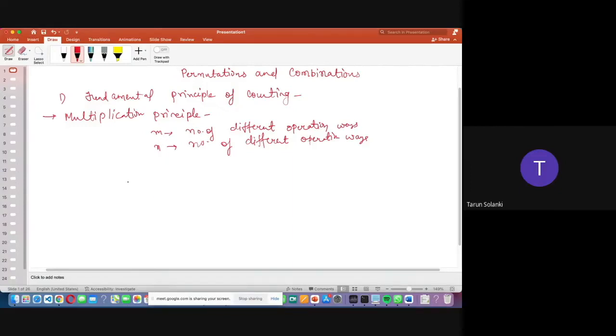So two operations can be performed in m into n ways. Then we'll look at a few examples for this definition.